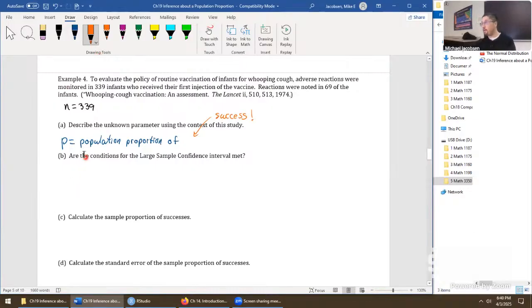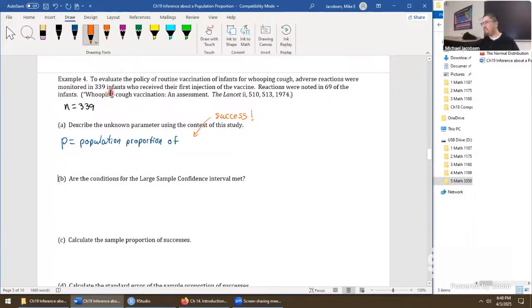We also have to describe the population while we're at it, but it looks like the population would be all infants at the right age to receive this vaccine. I would just probably say all infants. Well, we need to know what the actual success is. The success seems to be the thing that the study is most interested in. Anyone see what it is?